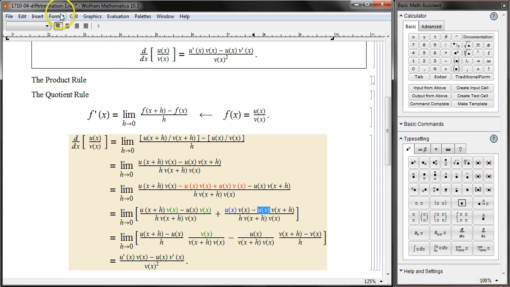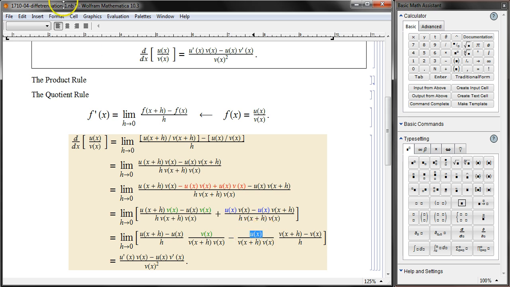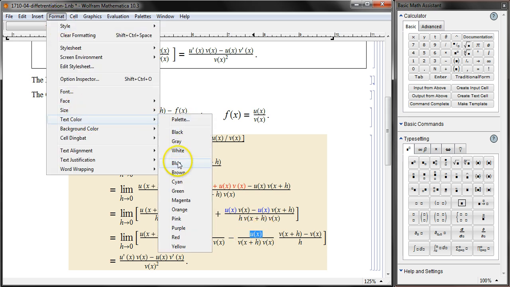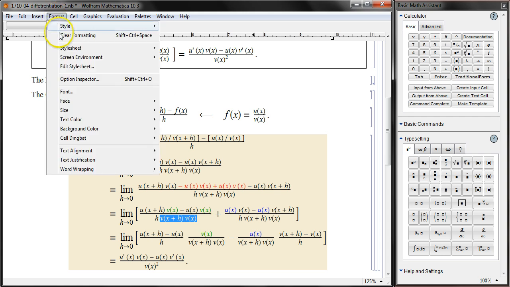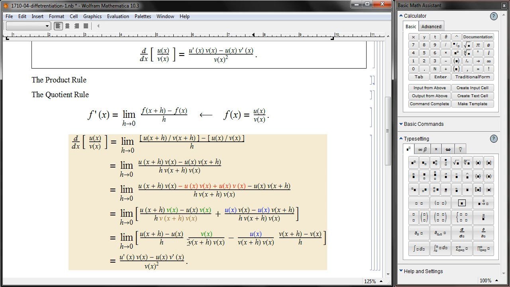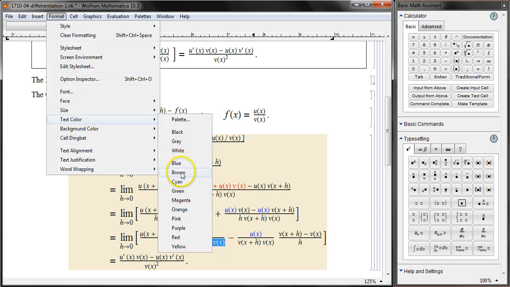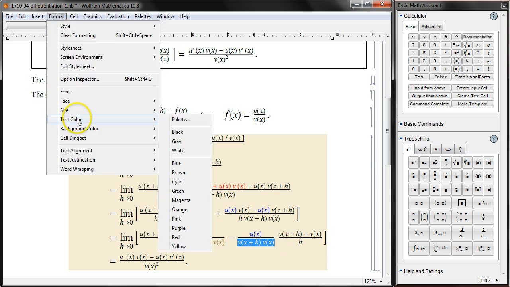U of x is common here, so I can factor it out like this. So after factorization and also getting these denominators out as well, let's complete this color coding.